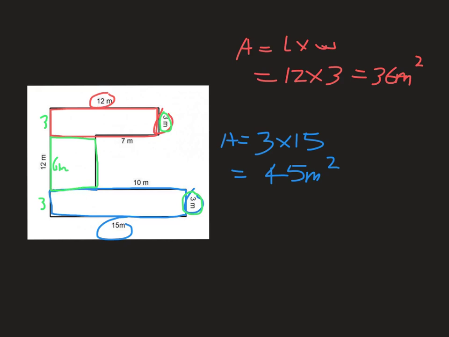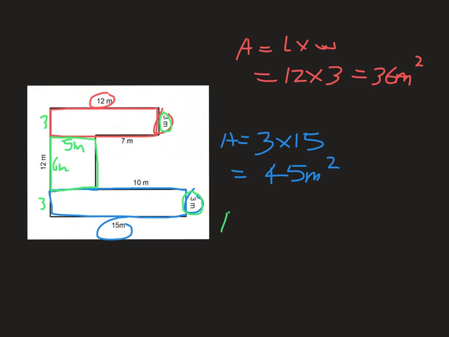Or I could have used the top. 12 meters across the top. So this, because it's a rectangle, must be 12 meters here as well. Knowing that from this point to this point it is 7 meters, 12, take away that 7, it must be 5 meters there. So you can see that that side is equal to 5 meters.